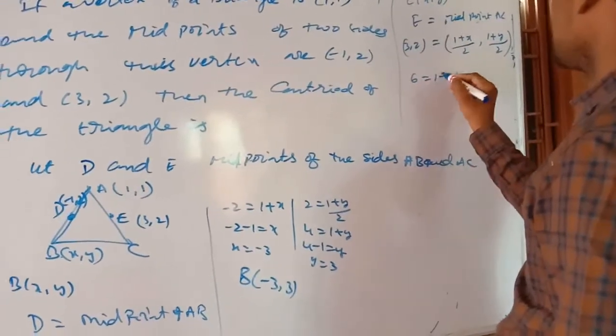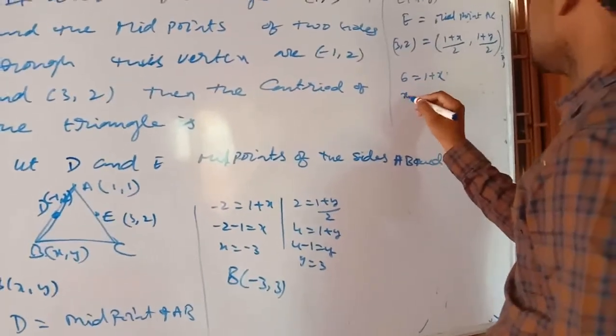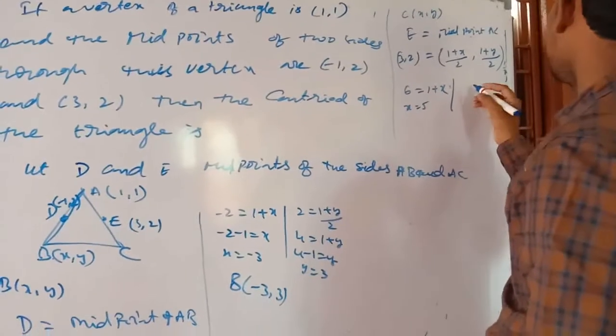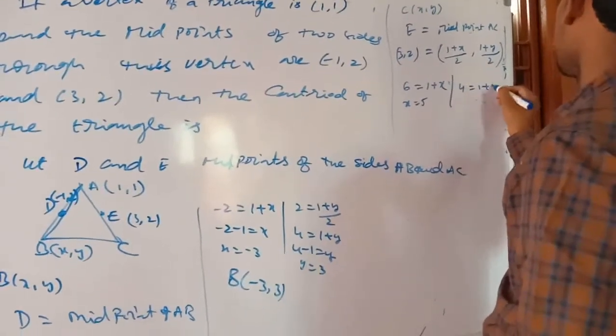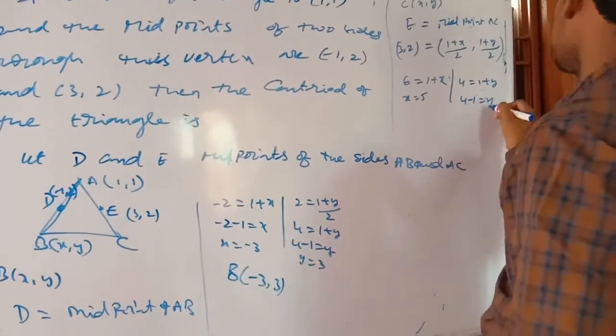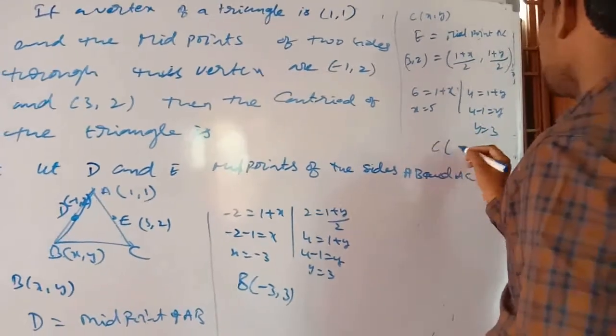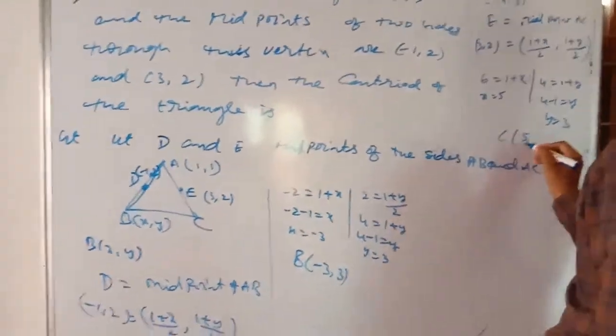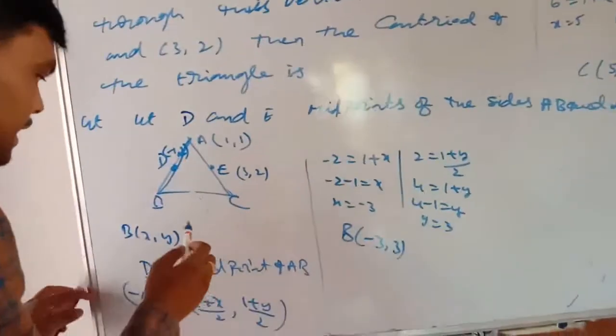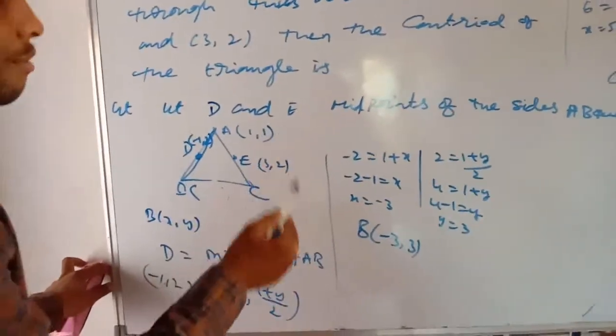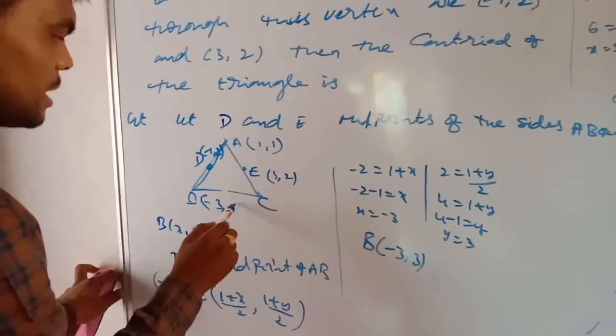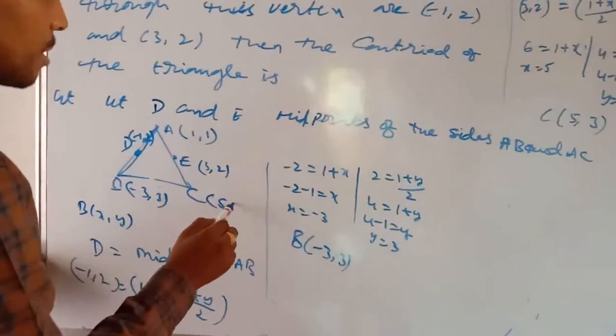Here 6 = 1 + x, so x = 5, and 4 = 1 + y, 4 − 1 = y, y = 3. Now the C coordinate is (5, 3). B is (−3, 3) and C is (5, 3).